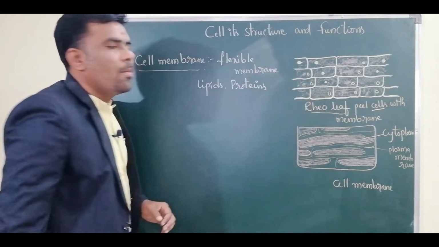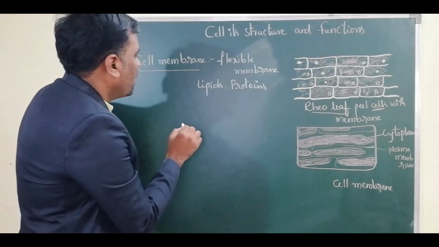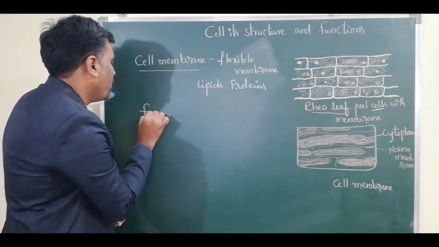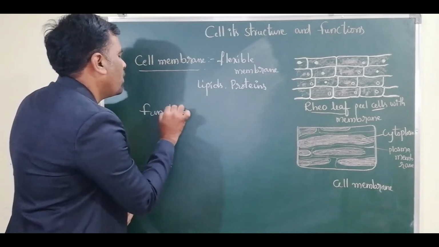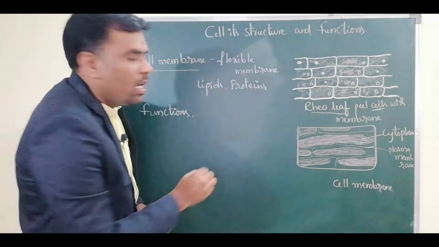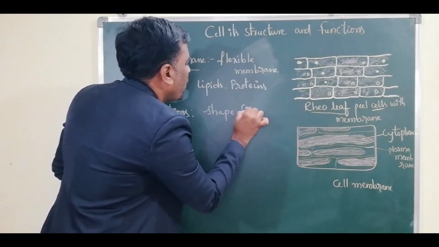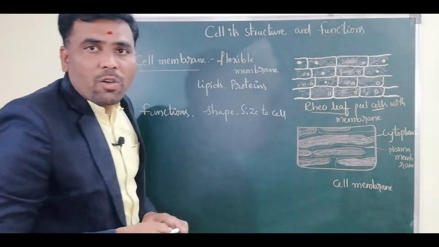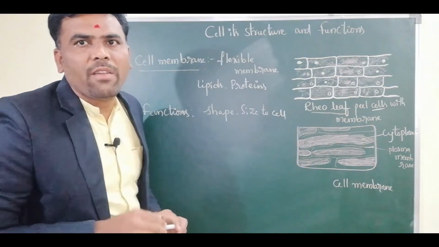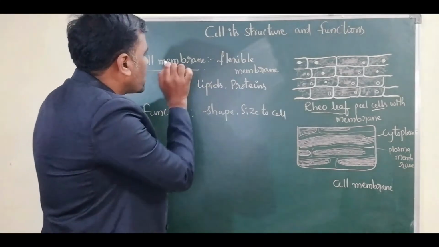What are the major functions of the cell membrane? The cell membrane gives shape and size to the cell. If there is no cell membrane, the cell doesn't have any shape. The shape of the cell depends on the cell membrane.